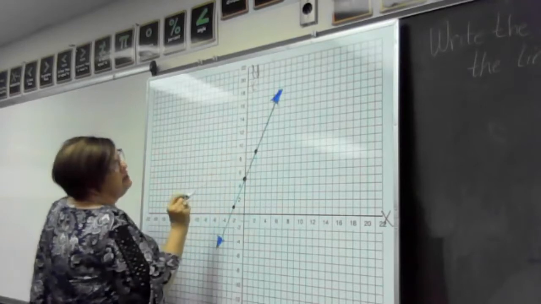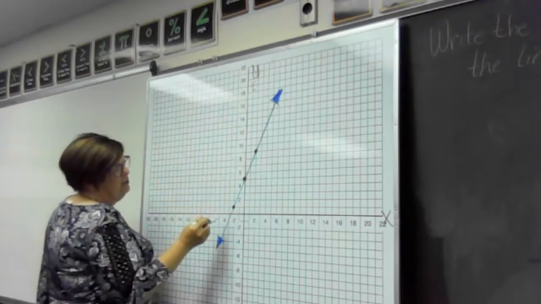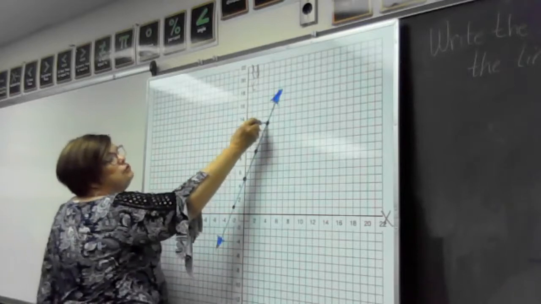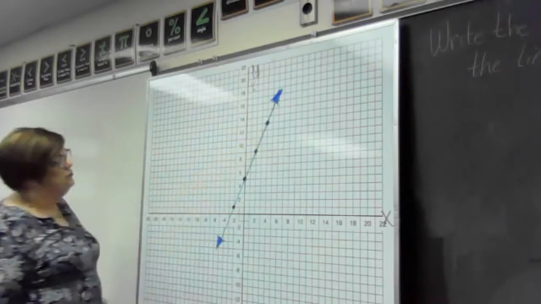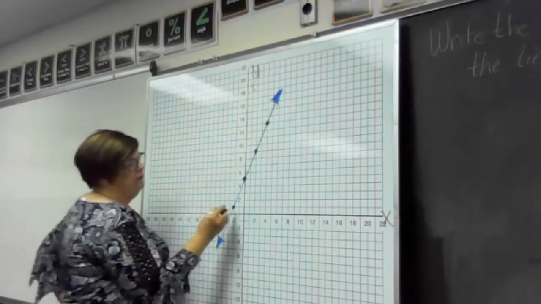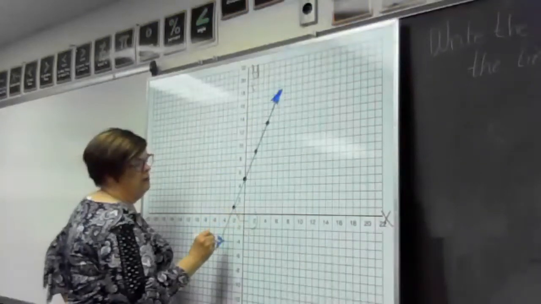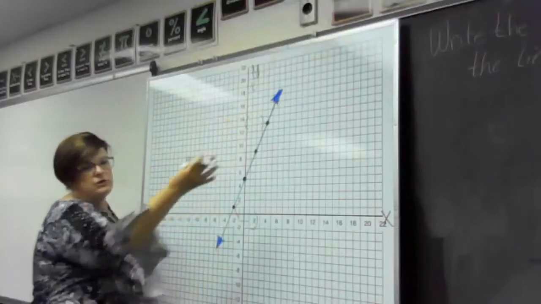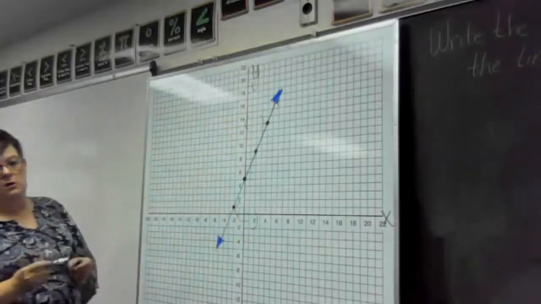There's a lot of them that are right on the intersections. And just use these points and do what we just got through doing. Find out what the coordinates of this point are, find out what the coordinates of this point are, and then use the equation that we just used.